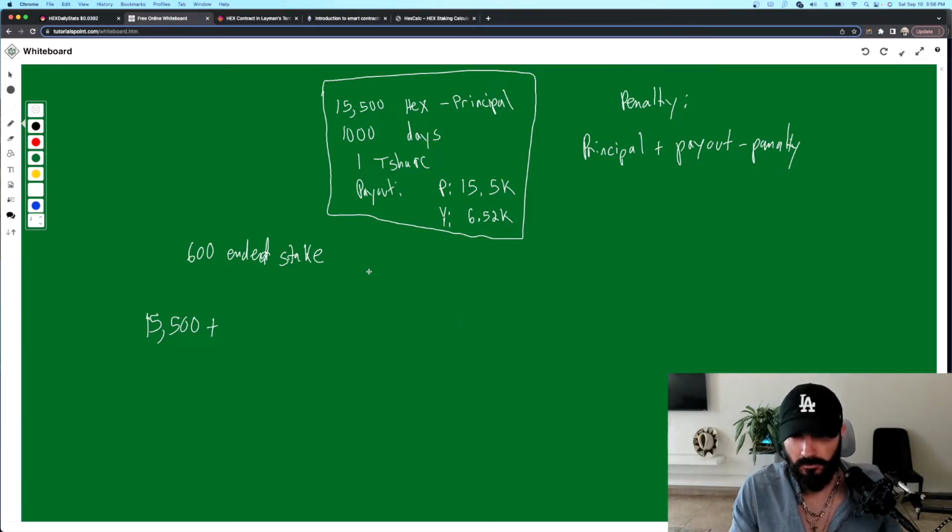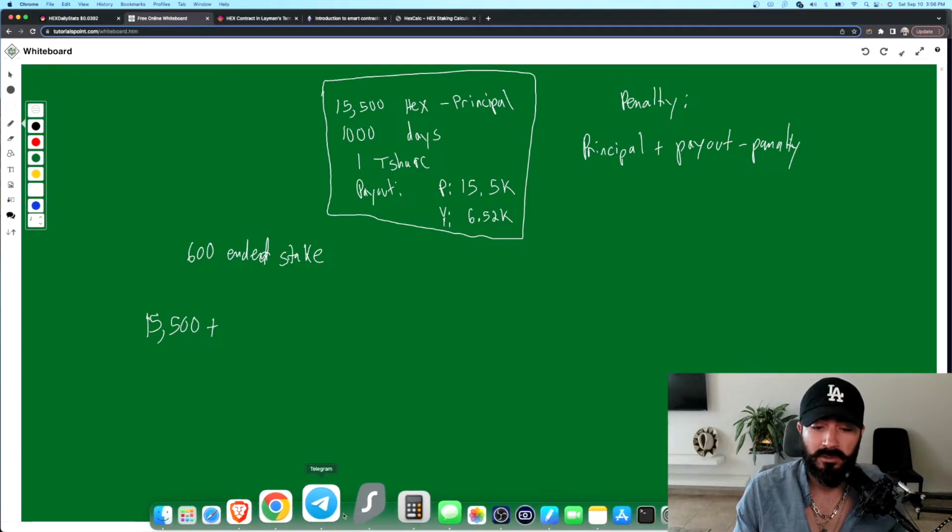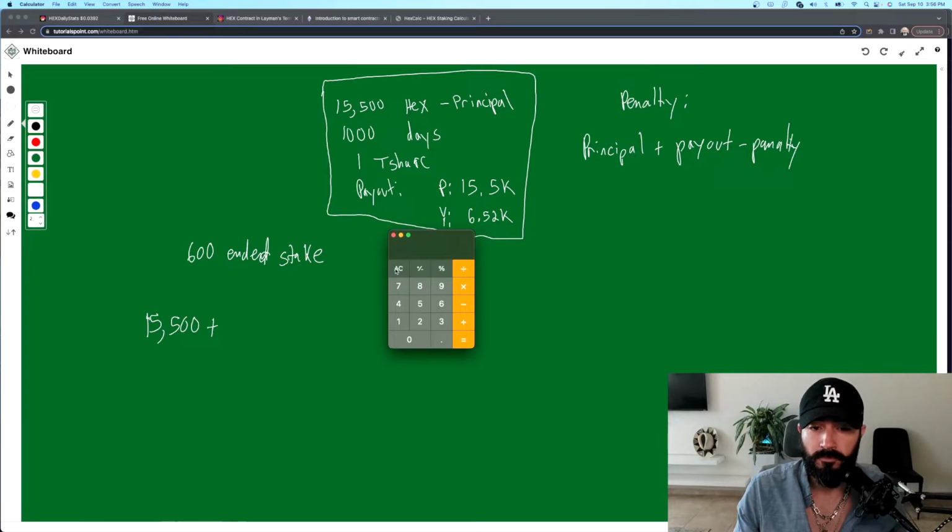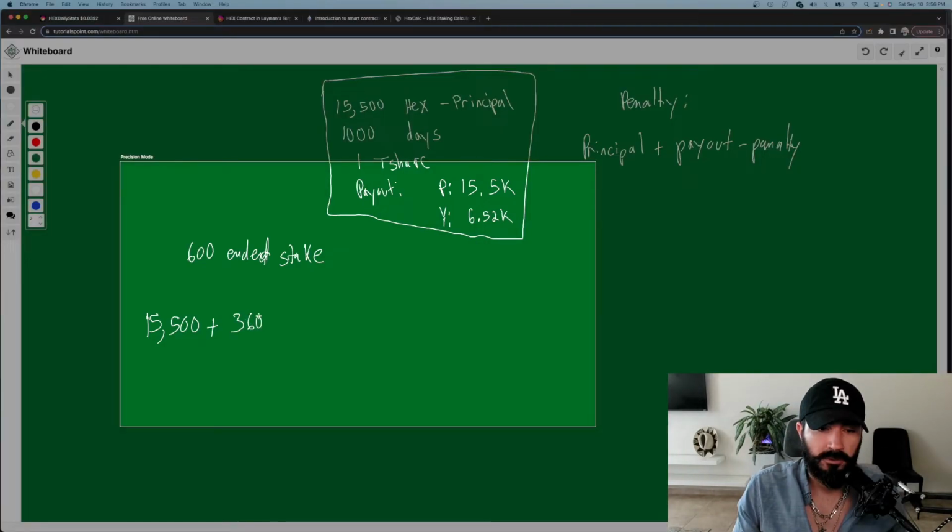The reason I wanted to do 1 T-share is because you're earning 6 HEX per day for holding 1 T-share. So 6 times 600 equals 3,600. This would be the payout, and then minus the penalty, which is what we're trying to solve for.